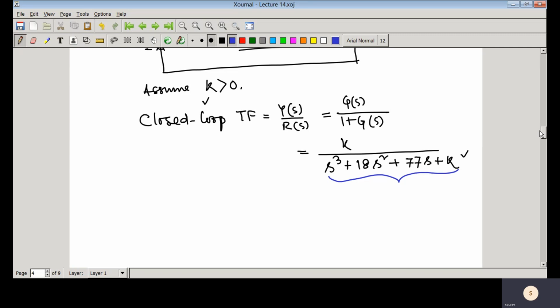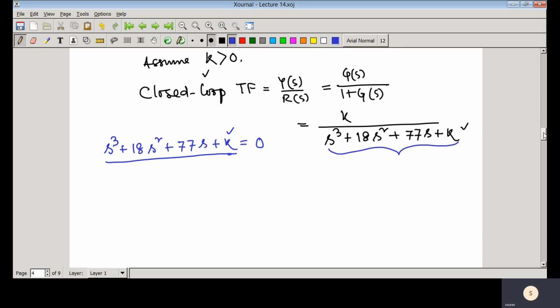So suppose we have that characteristic polynomial, which involves that K. This is equal to 0. We need to find what would be the value of K or range of K such that this particular polynomial would be a stable polynomial. All roots would be in the left half of the S plane.